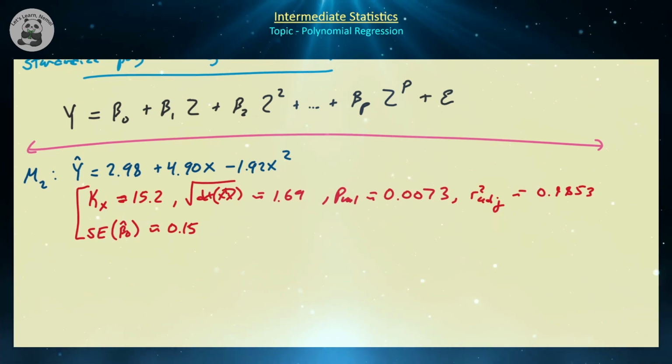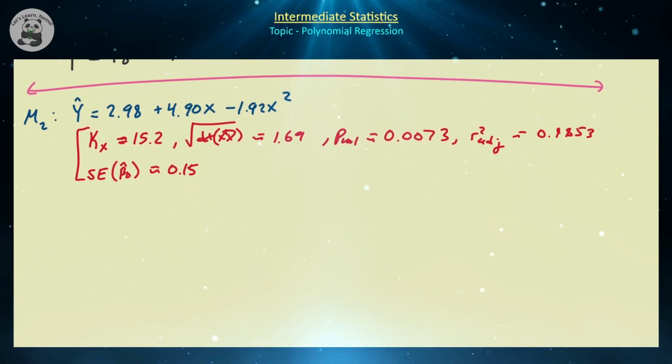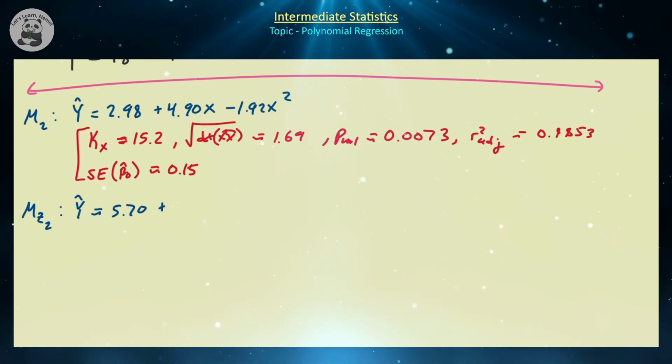Now, let's look at the same metrics, but for the standardized version of the quadratic model. Let's call that MZ2. One can find that the coefficients of this model are approximately 5.70 plus 1.60z minus 0.72z squared.